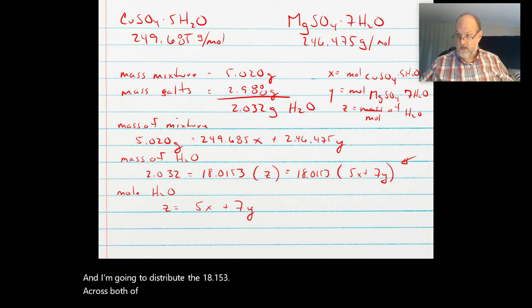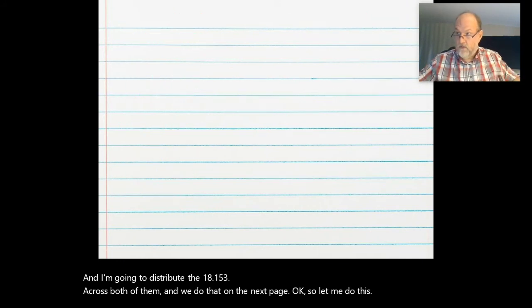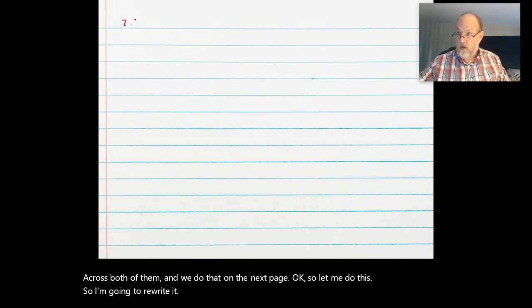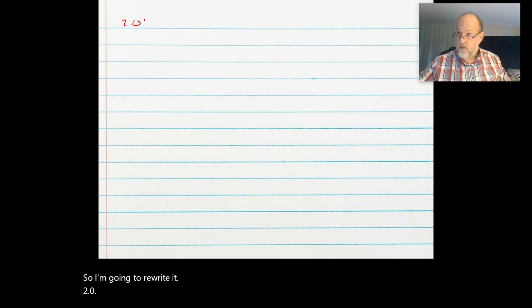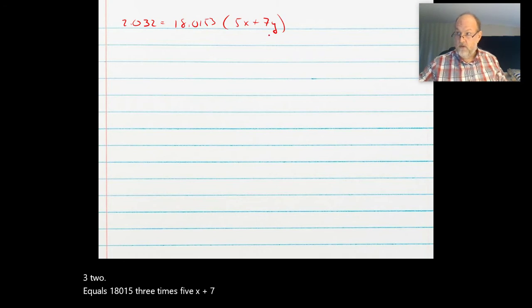I'm going to do that on the next page. Okay. So let me do this. So I'm going to rewrite it. 2.032 equals 18.0153 times 5x plus 7y. And I'm going to distribute the 18.0153.